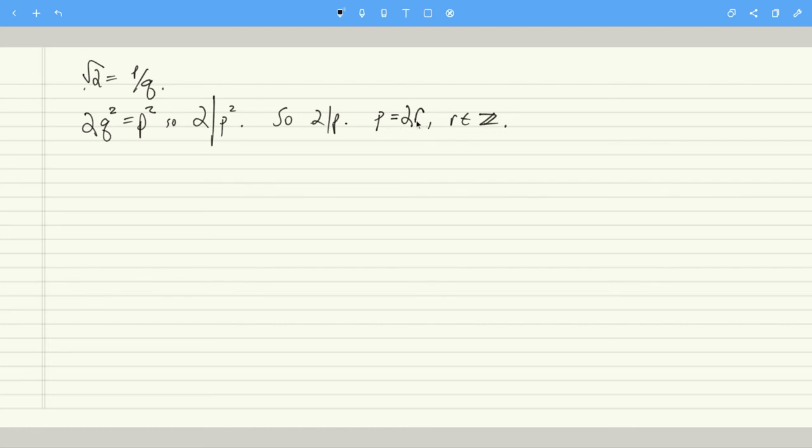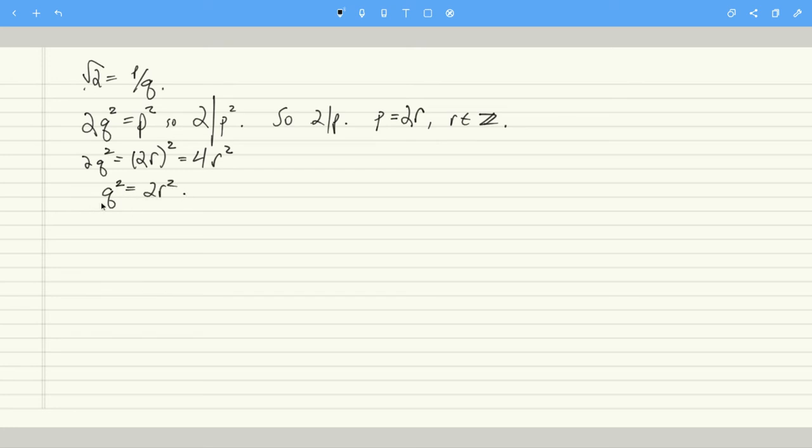Now substitute p equals 2r into the original equation. You get 2q squared equals (2r) squared, which is 4r squared. Now a 2 cancels, and you get q squared equals 2r squared.